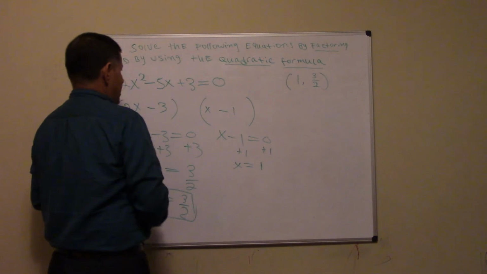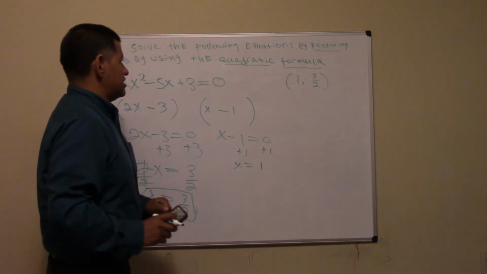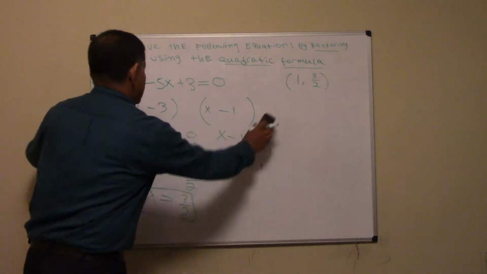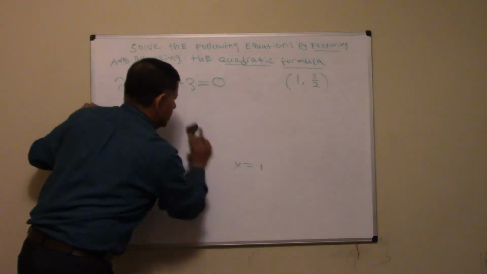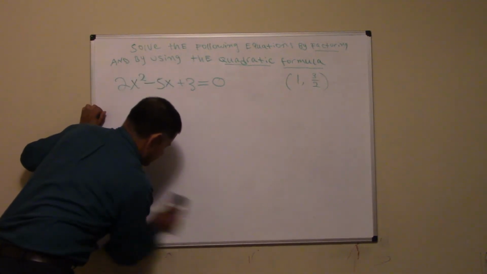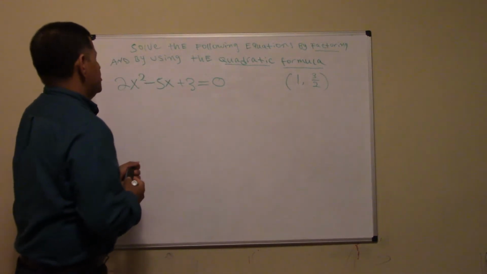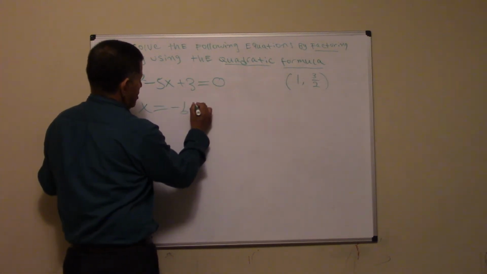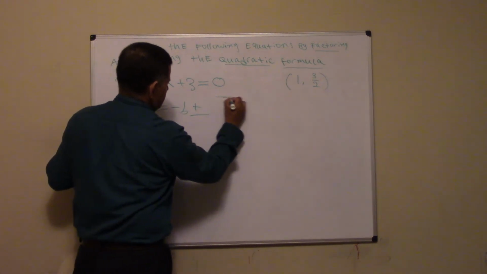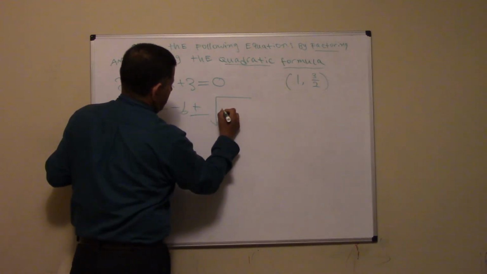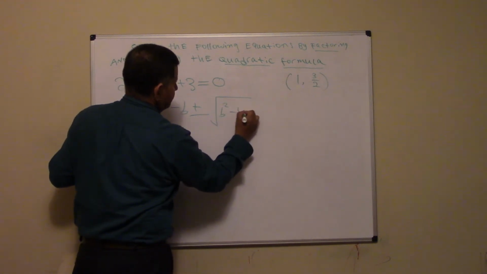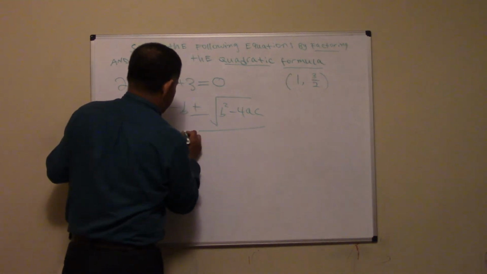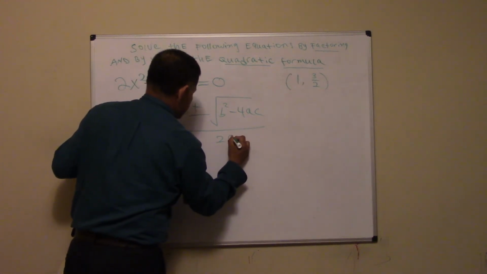That's the solution, right? Now let's do this by using the quadratic formula. Okay, so the quadratic formula is x equals minus b plus or minus the square root of b squared minus 4ac, divided by 2a, right?